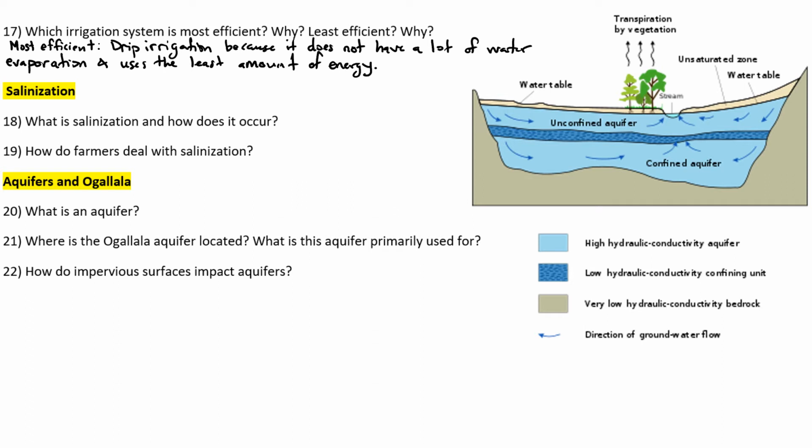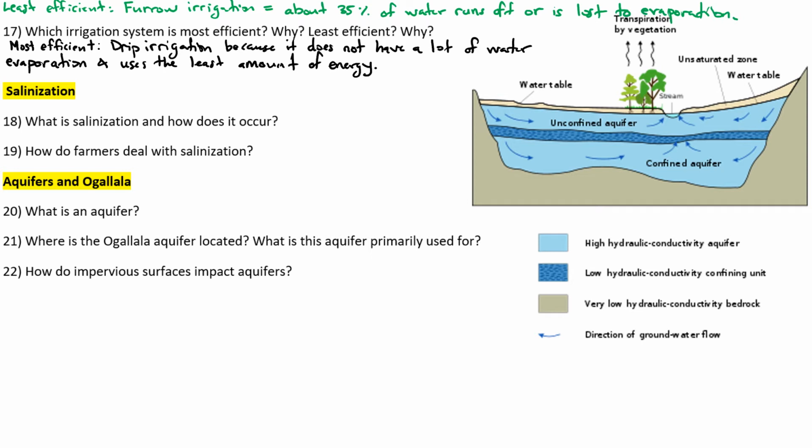Okay, then we have the least efficient, which is the furrow irrigation, because about 35% of water runs off or is lost to evaporation.